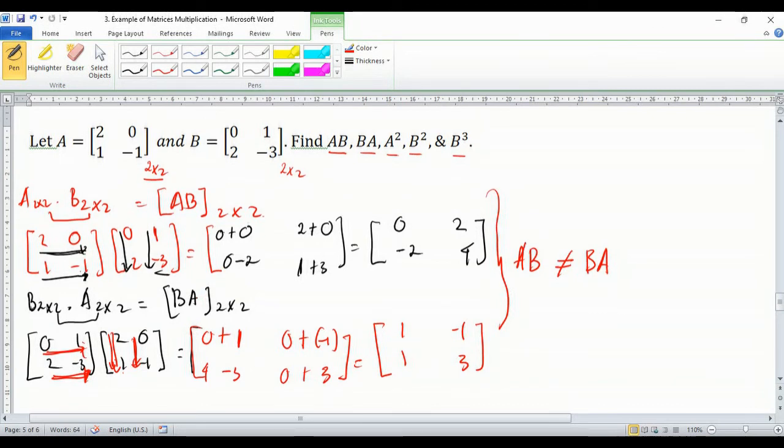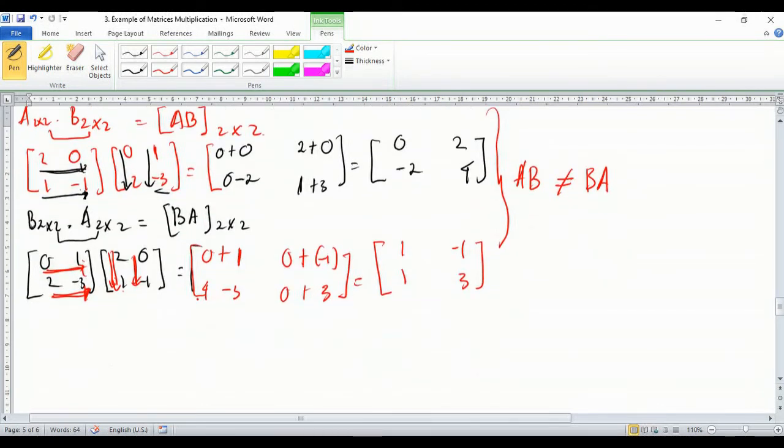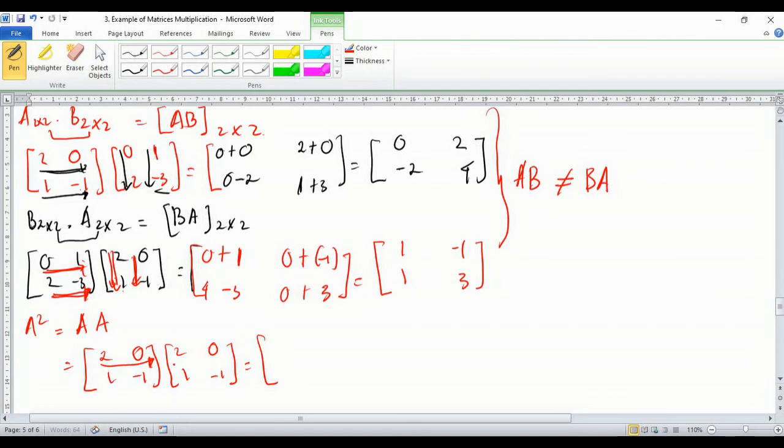Okay, we want to find A square. A square means A times A. Okay, we have A with entries 2, 0, 1, minus 1 times itself, 2, 0, 1, minus 1. So the first row times the first column: 4 plus 0.